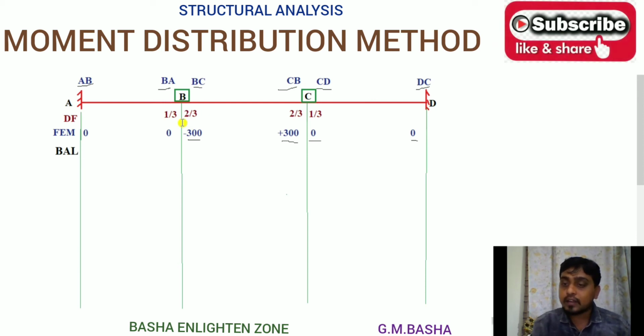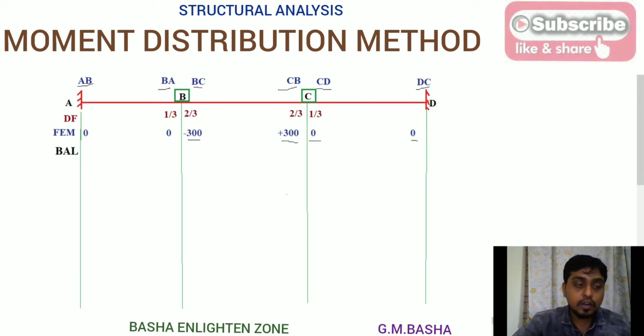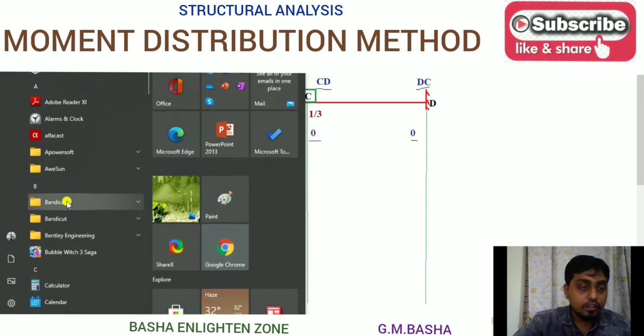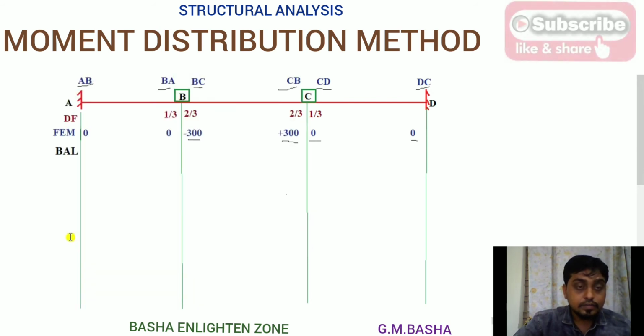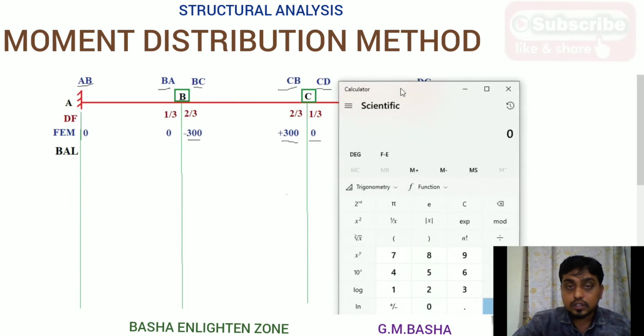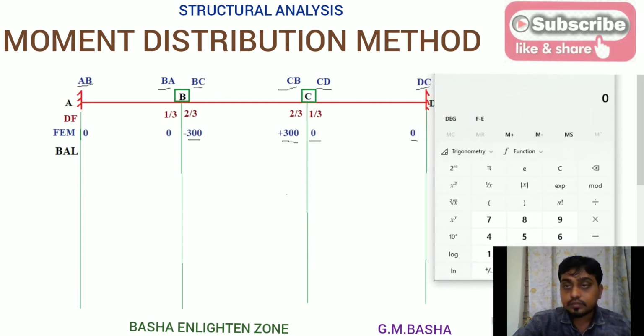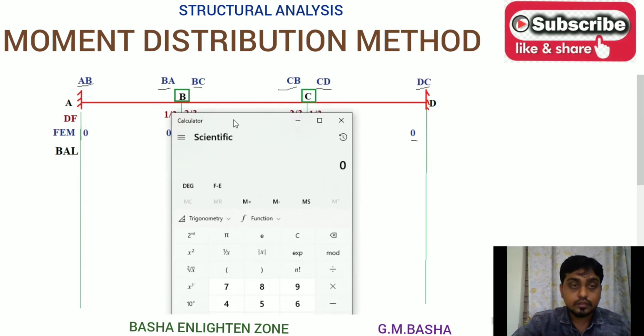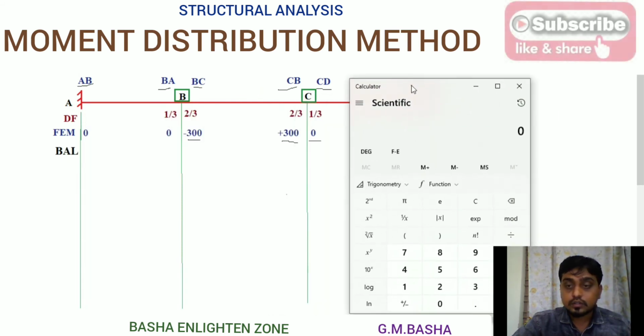So here I am calculating directly. See here, I am balancing. 0 minus 300, you will get minus 300.